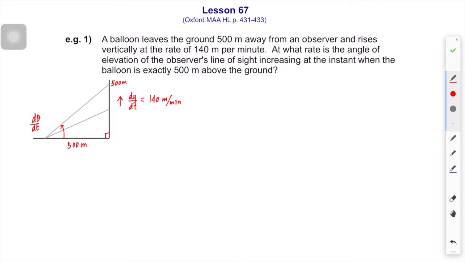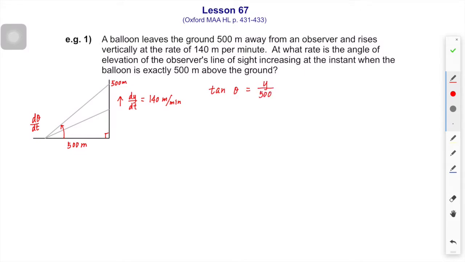Now we need to set up an equation to relate theta and the height of the balloon. Since we're dealing with a horizontal and a vertical distance, naturally we can consider using tangent theta equals y over the horizontal distance, which is always constant at 500 meters.